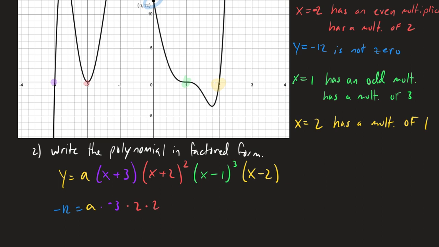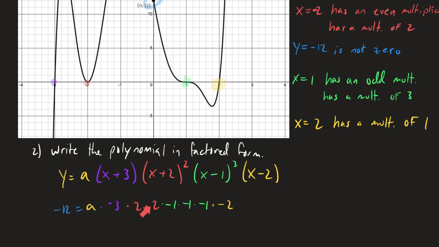It's 2 squared, so 2 times 2. And then we have times -1, but there's going to be 3 negative 1's, so times -1, times -1, times -1. And then we're going to have negative 2's, which is one of those, so times -2.